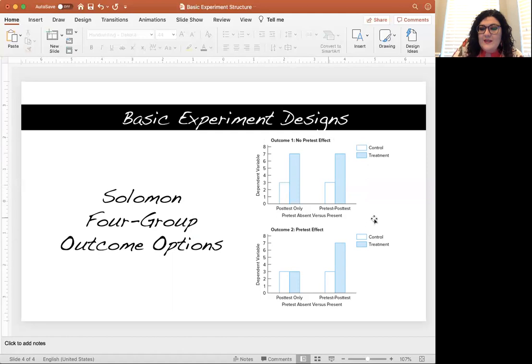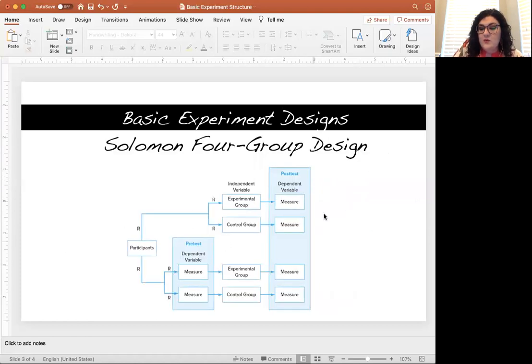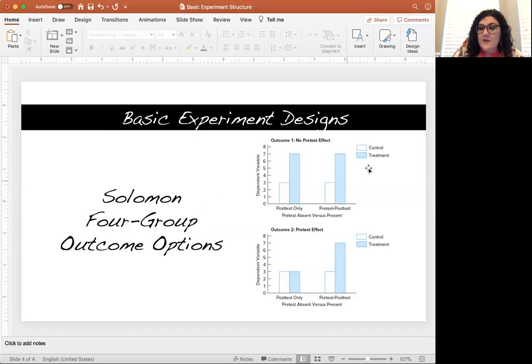When you look at this outcome number 1 possibility, what you see is that in the post-test only group, so remember this post-test group who did not receive a pretest, at the end of the study, the treatment group's anxiety, meaning the people who got the psychoeducation on things that could go wrong during pregnancy, their anxiety was higher than the post-test only group.